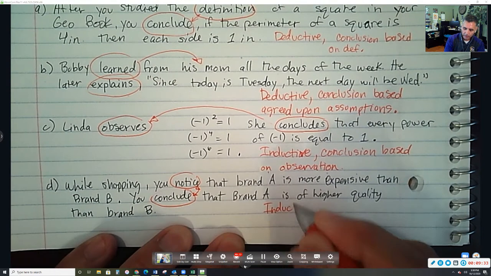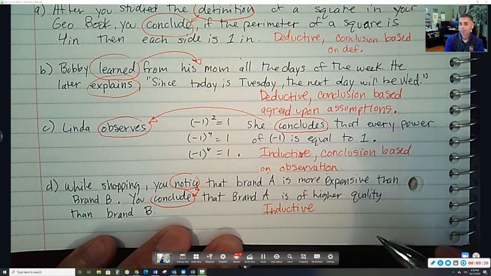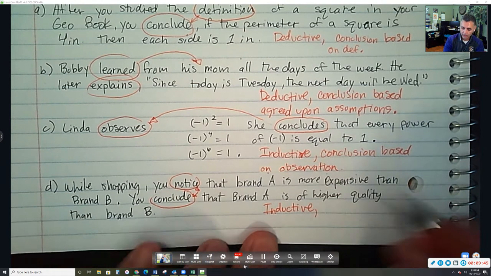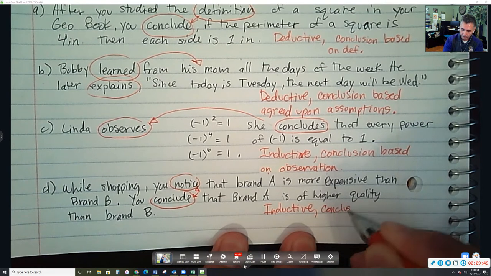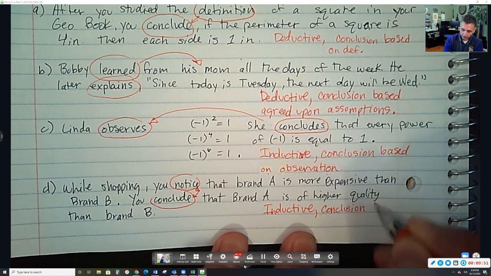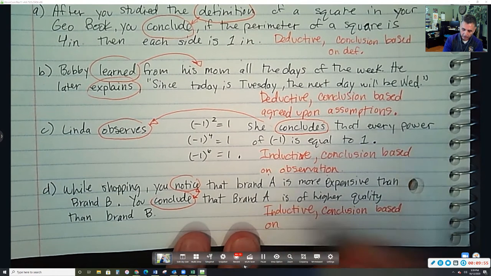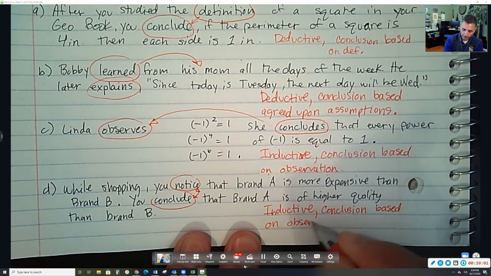If you would have used some kind of formula, or if you would have read somewhere like the FDA says this, then it would be deductive. Okay? But inductive, again, conclusion is based on something I'm gonna put observation, even though the word wasn't used, observation.